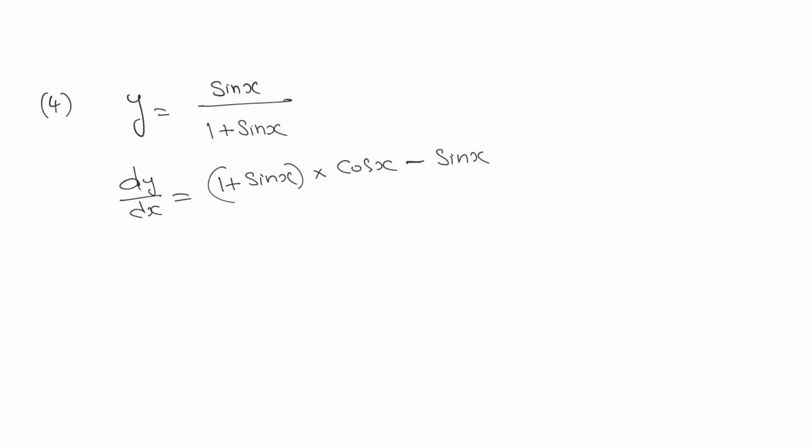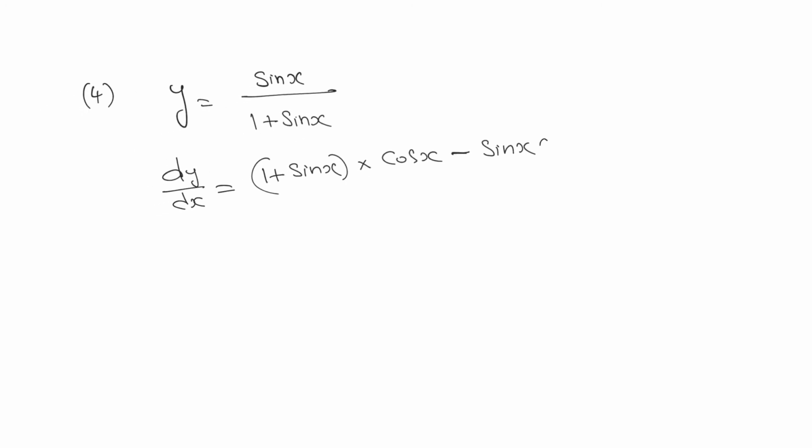So we can write into cos x, the whole divided by 1 plus sin x, which is the denominator, the whole square.